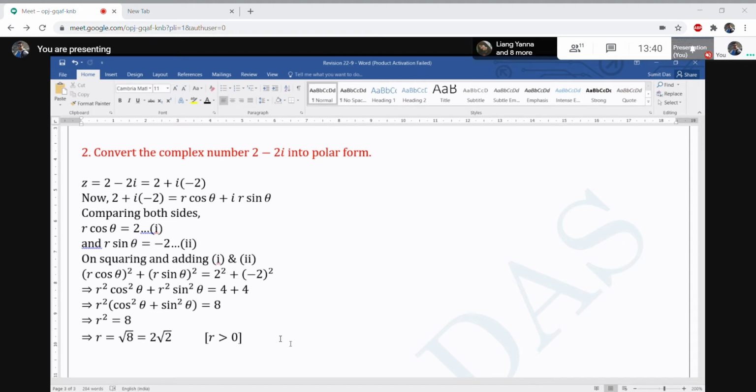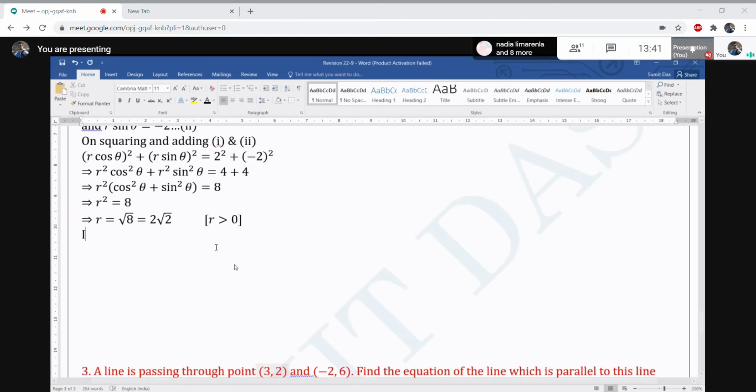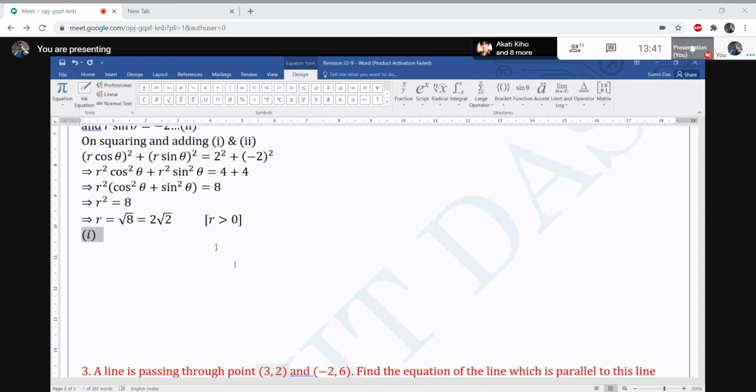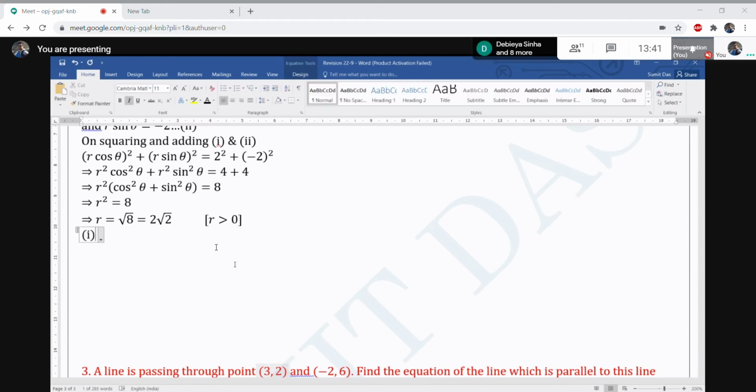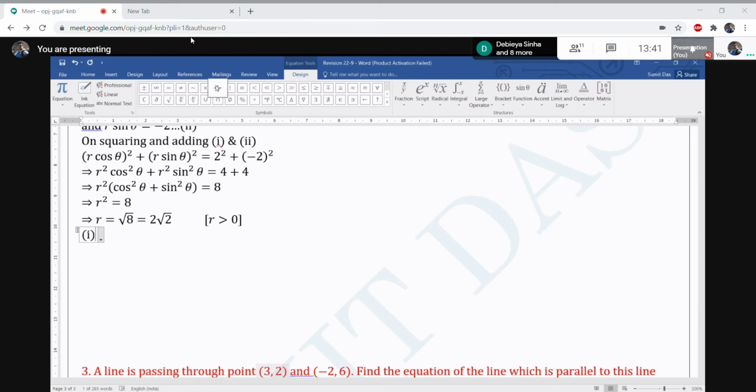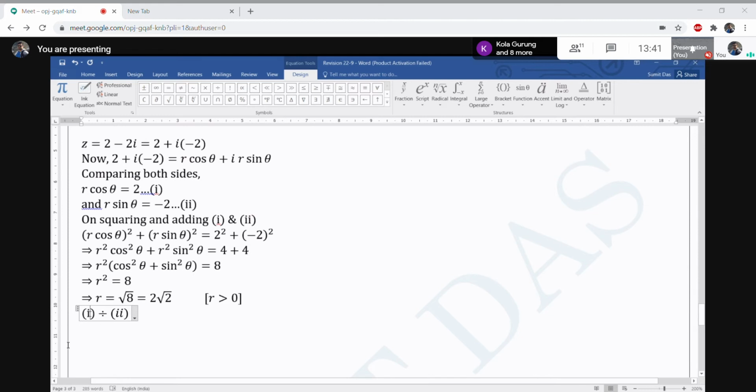Then we have to find 1 divided by 2, or you can find 2 divided by 1. So what is happening here?